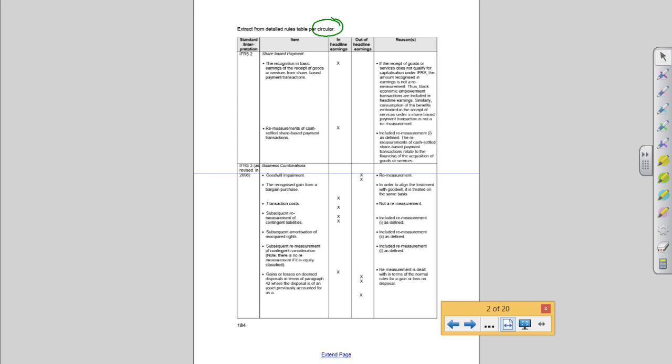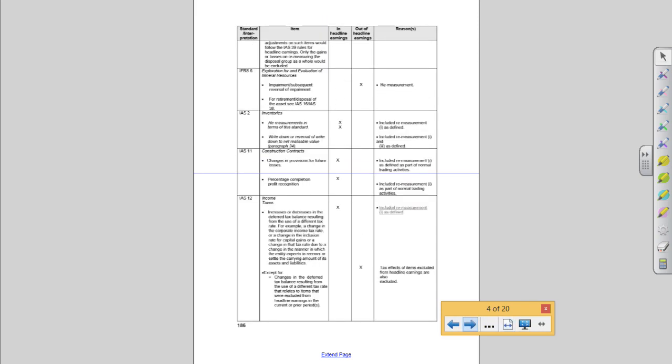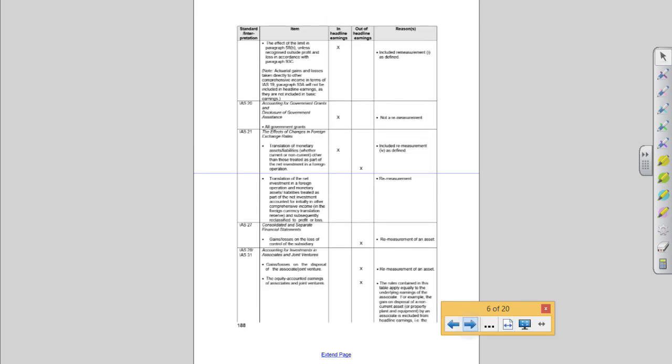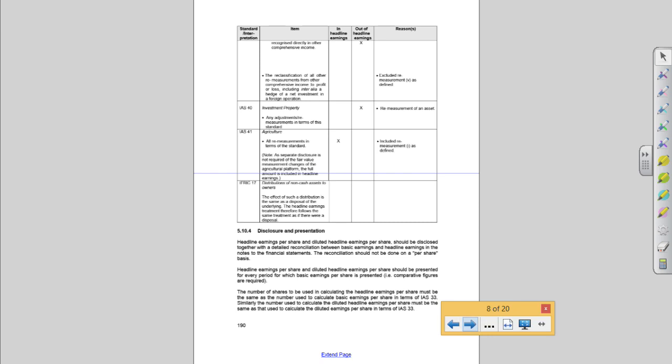Let me show you how many pages it is. 1, 2, 3, 4, 5, 6, 7. So you could go learn it. By the time you get to honors, it's open book, so you've got it with you. So I'm just going to quickly highlight the main things that we're adjusting.